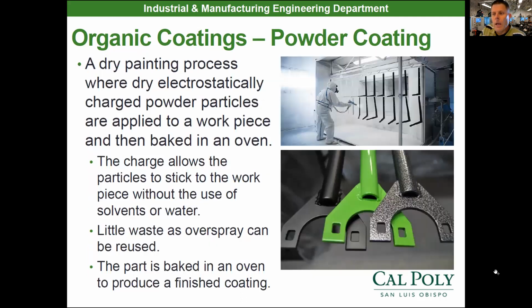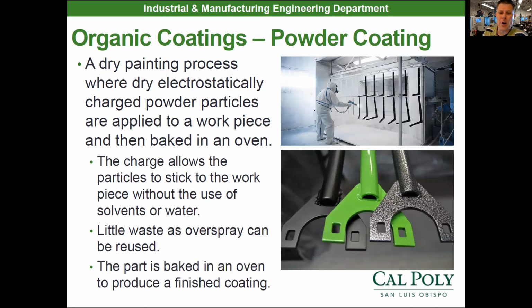Now, one of the most popular organic coatings out there is a dry painting process known as powder coating. You should definitely know what powder coating is and how it works. In order to powder coat something, we apply a dry, electrostatically charged powder. So we're not painting with wet paint like in a traditional paint coating.